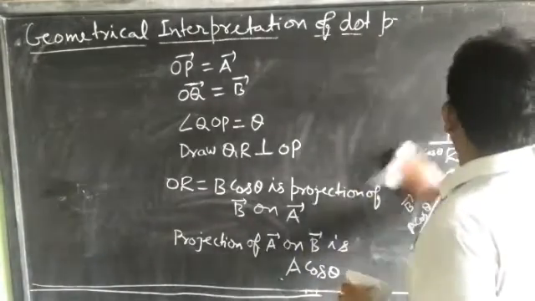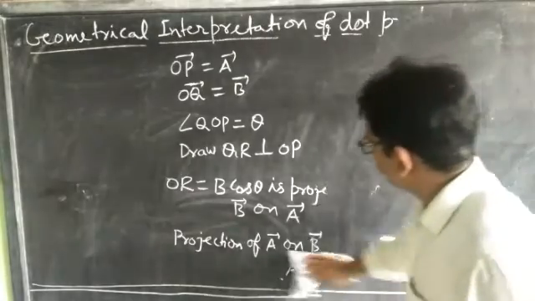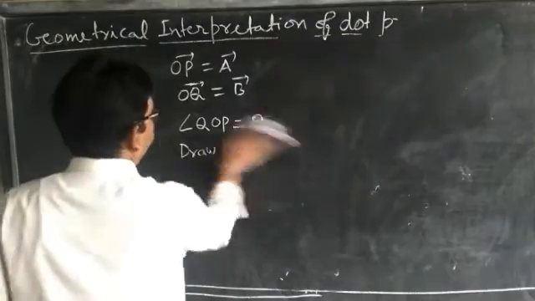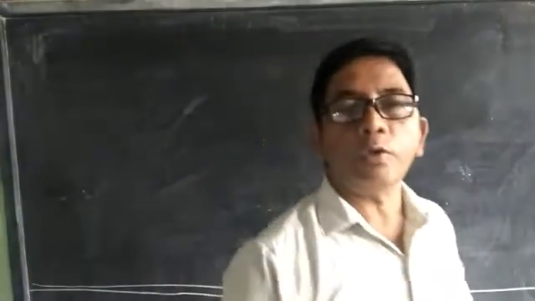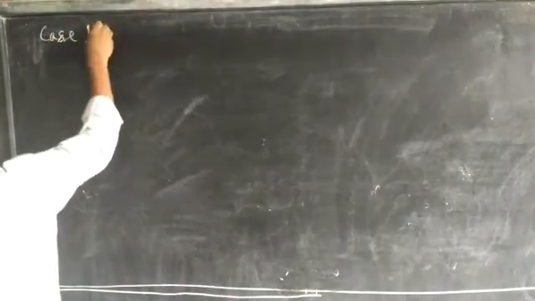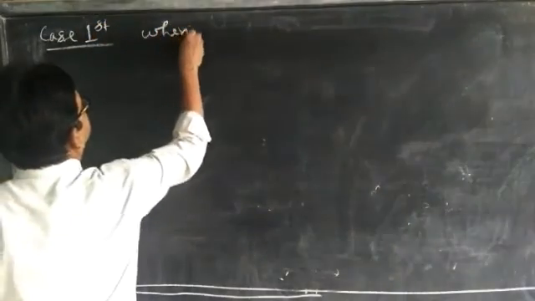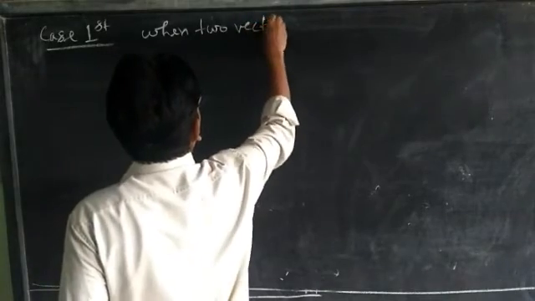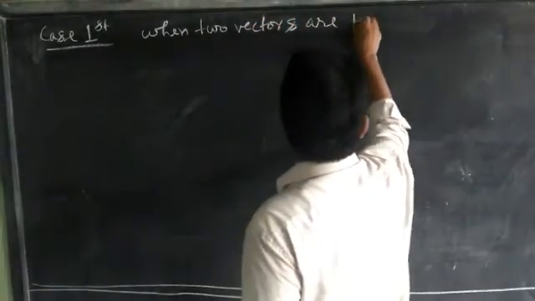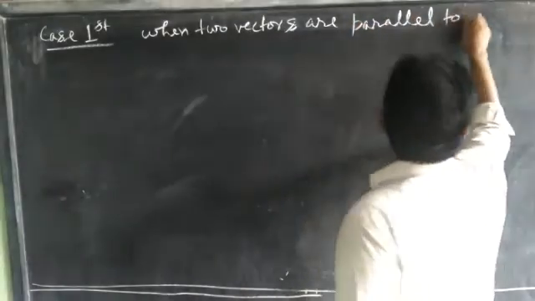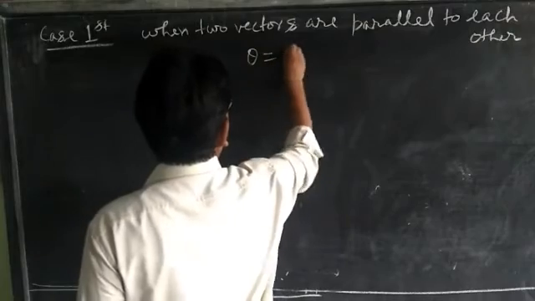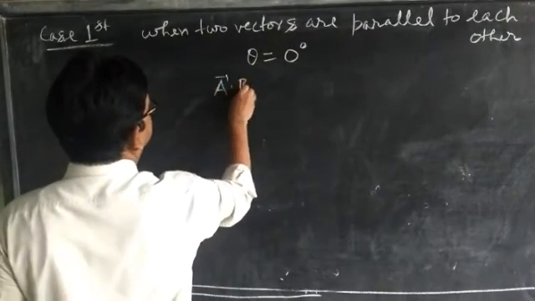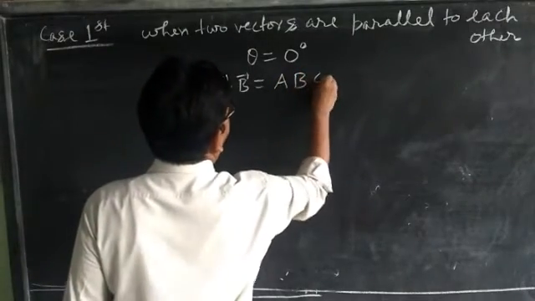Now we will discuss some special cases. Case first: when two vectors are parallel to each other, then theta is equal to 0 degrees, and we know that vector A dot vector B is equal to AB cos theta.